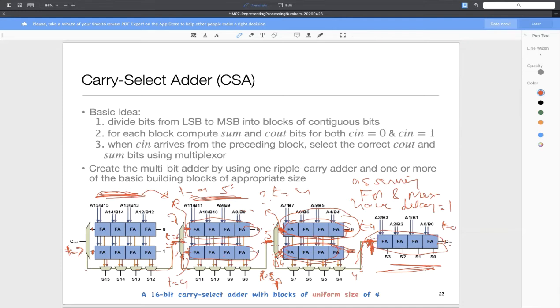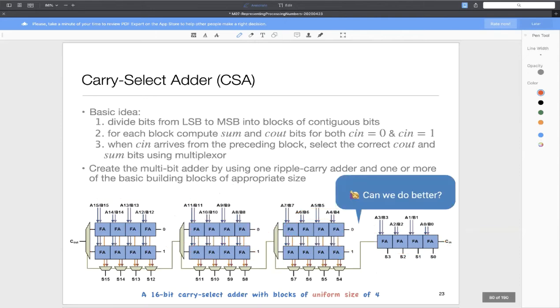Its select input comes at 6, so 6 total bits here, right? So I could have done 4 here, 5 here, 6 here. I can keep increasing the size, and the advantage is I'll need fewer of these stages.